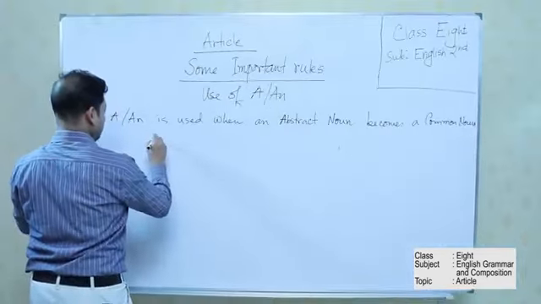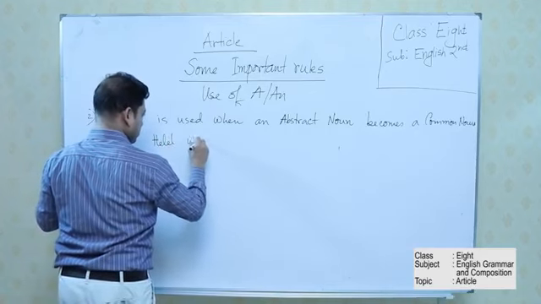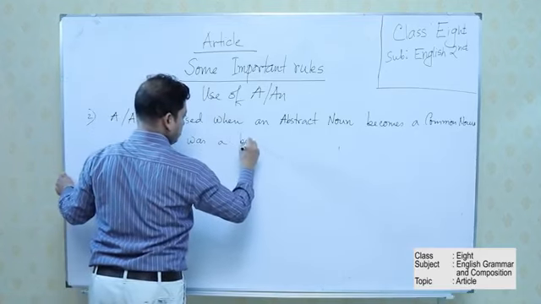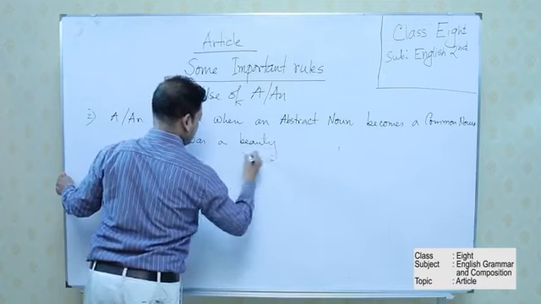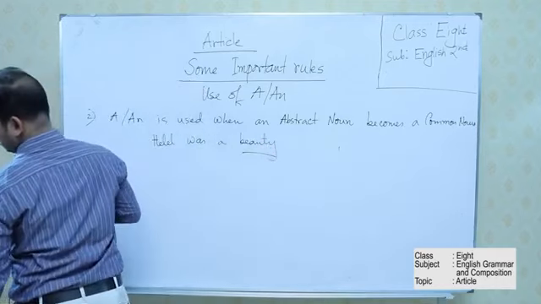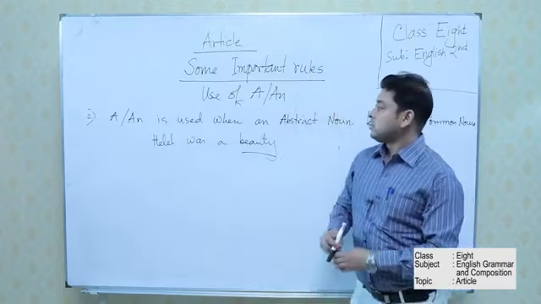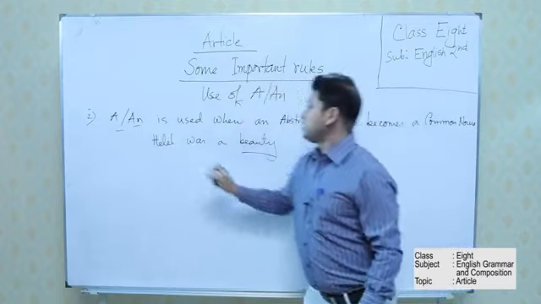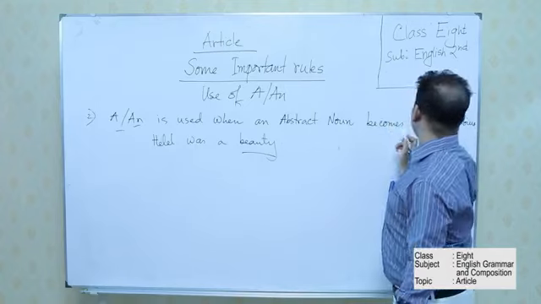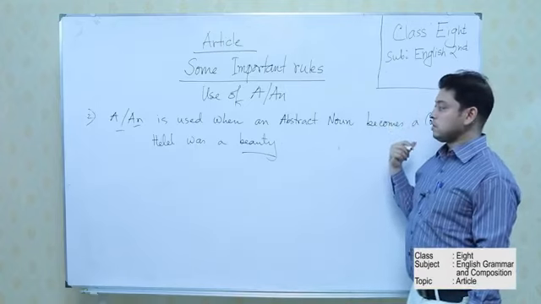Helen was a beauty. So the rule is we can use a or an when an abstract noun becomes a common noun.